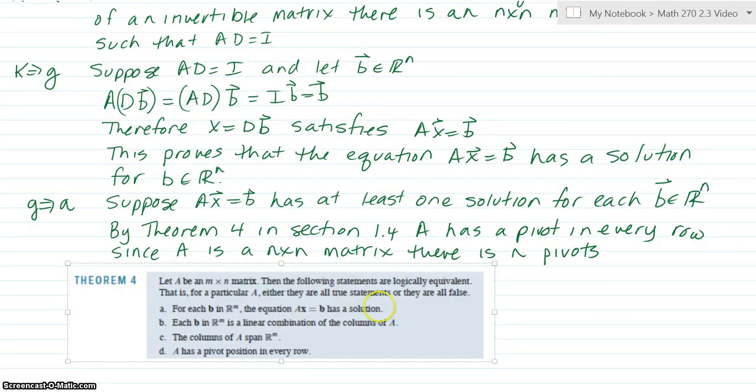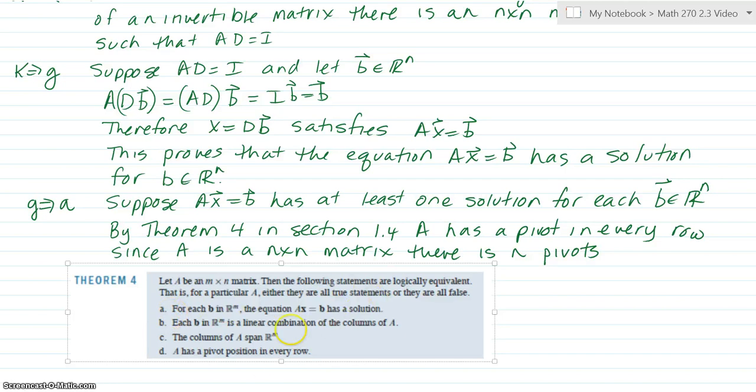I even copied the proof of theorem 4 from chapter 1. The proof is a little bit more difficult. But you can look in the book after chapter 1, after theorem 4, and the proof is right there.